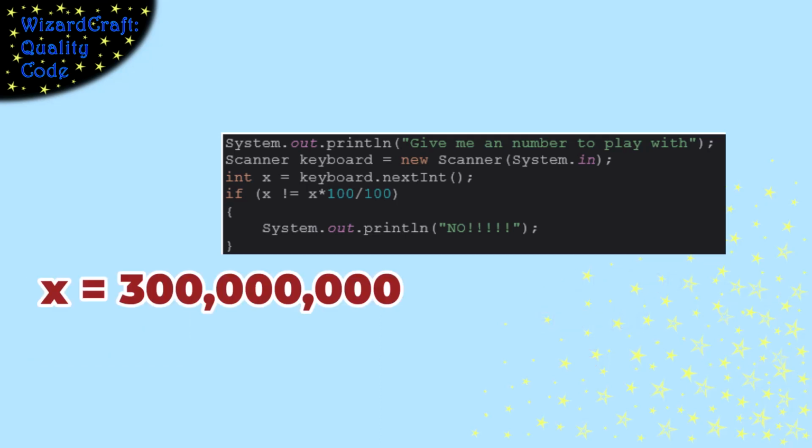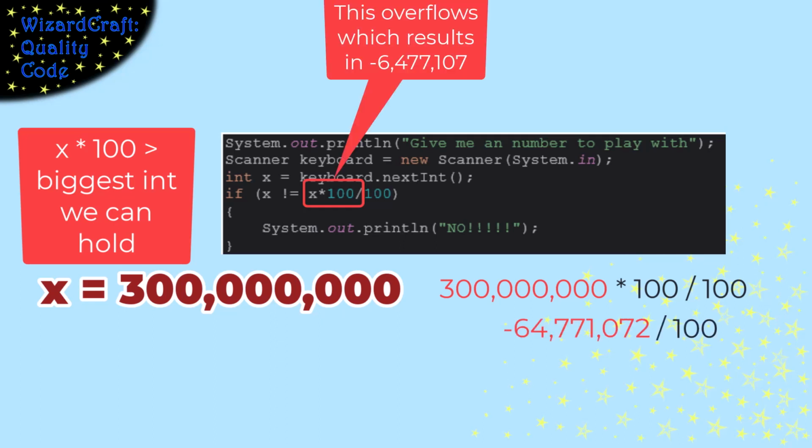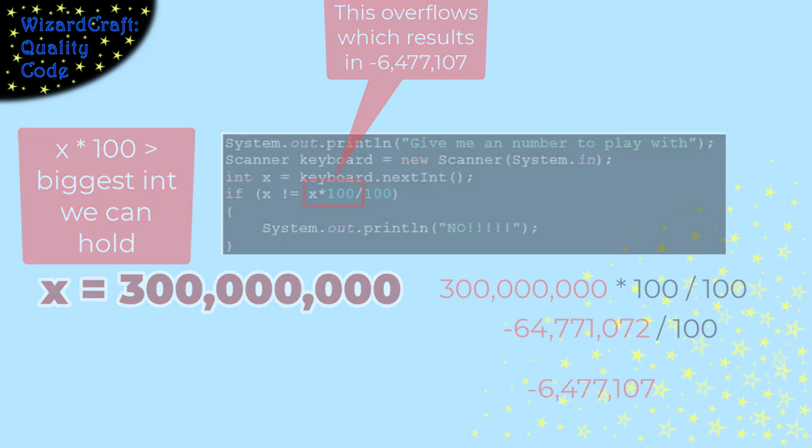However, if I give it 300 million, it outputs no. What happened? Well, when it multiplies 300 million by 100, the result is bigger than an int can hold, and the multiplication overflows into the sign bit. The result of that multiplication is a really negative number. Divide that by 100 and we certainly don't get back to the number we started with.